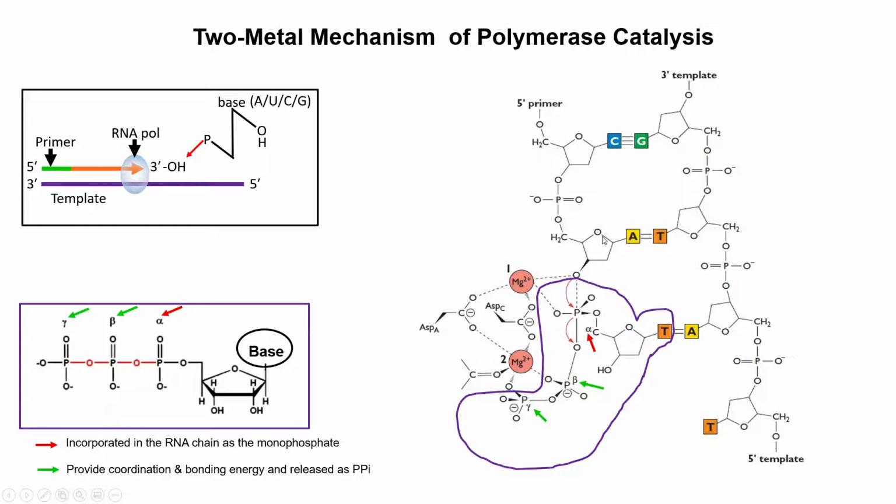Here you have the base, and you have this phosphate right here. This phosphate is attached to the sugar, and this is the next one. What you are basically looking at is the incoming nucleotide. You have this alpha, beta, gamma. These are the incoming nucleotide, and this is going to be attached to this end.